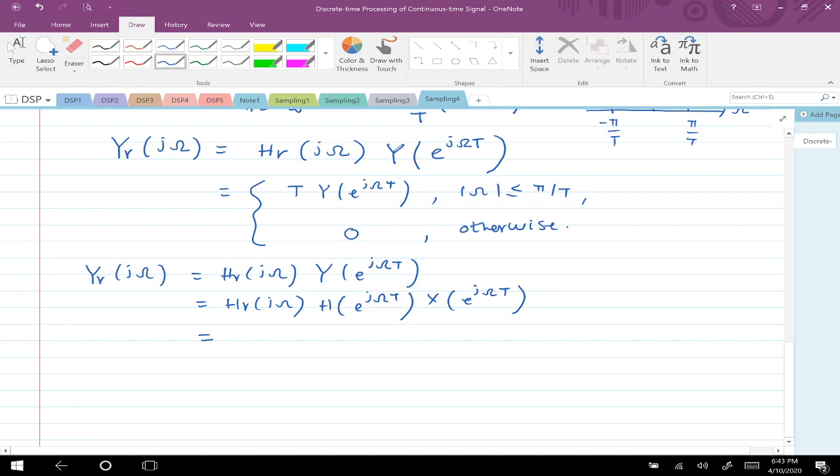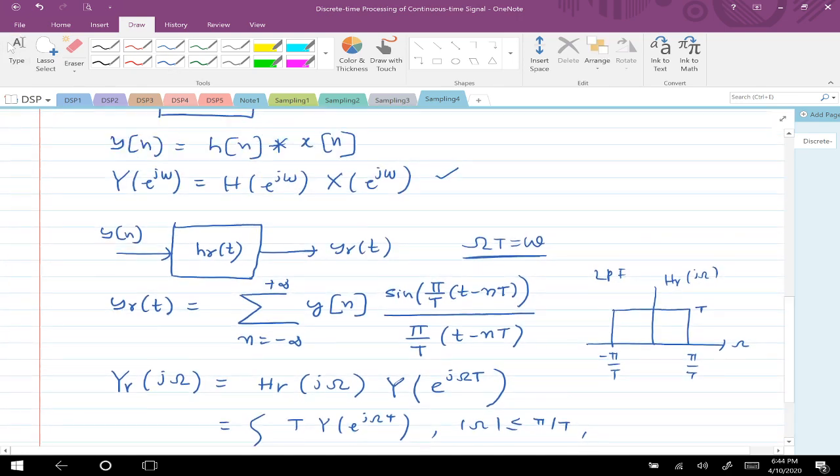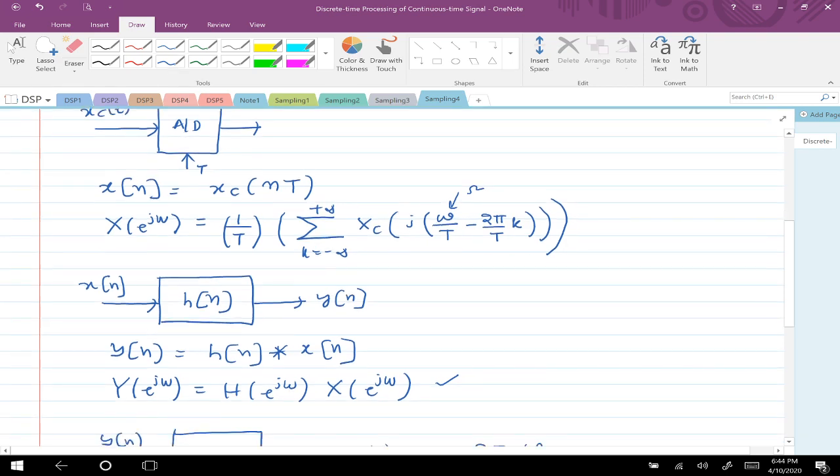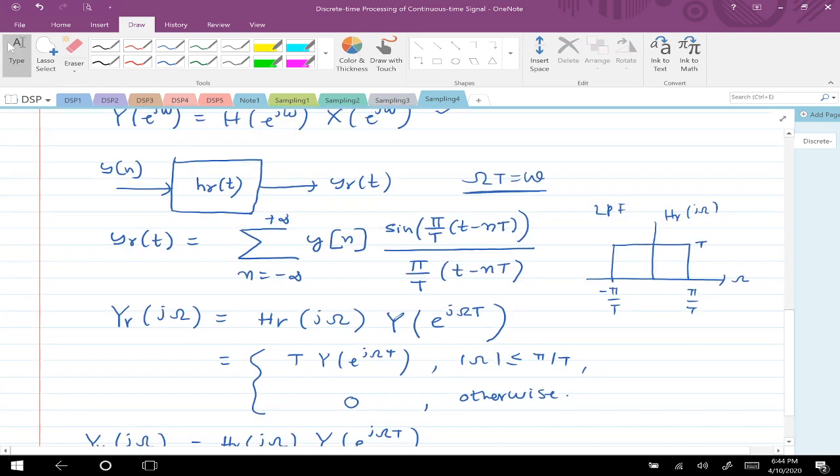And what about X of e^{jΩT}? That's the first module. In X of e^{jω}, small omega is replaced with capital Omega times capital T. That whole thing you replace here. So what do we get here? All those copies would be there.